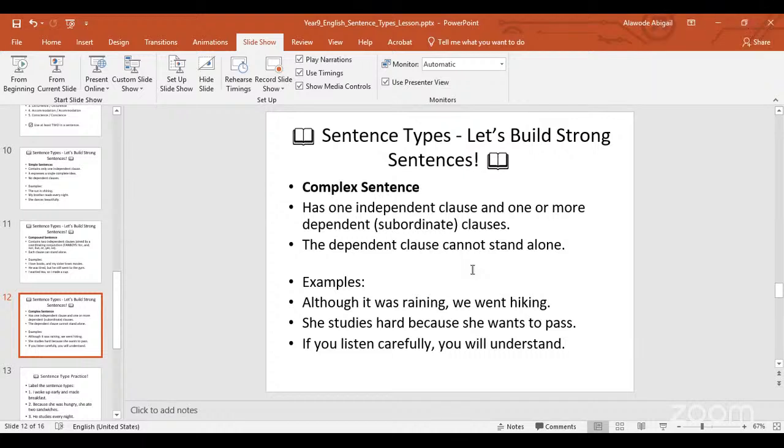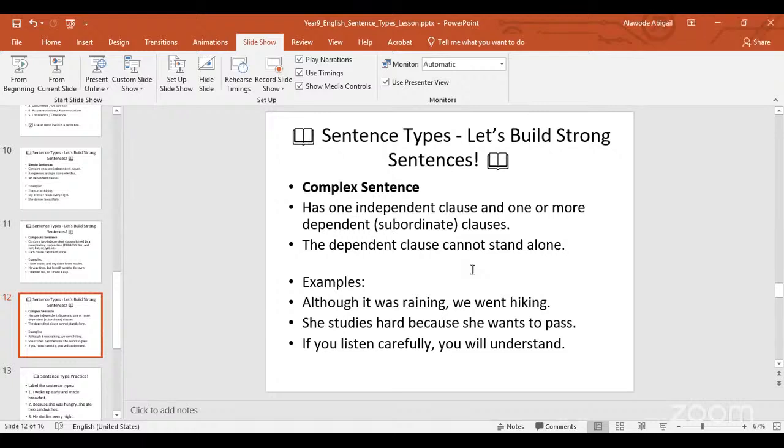Now, this is another thing you must remember. It's not compulsory that the independent clause must always come first. And you can see it from the first example. The independent clause is coming last. But we can also flip it. So flip it, let's see. "We went hiking, even though it was raining."